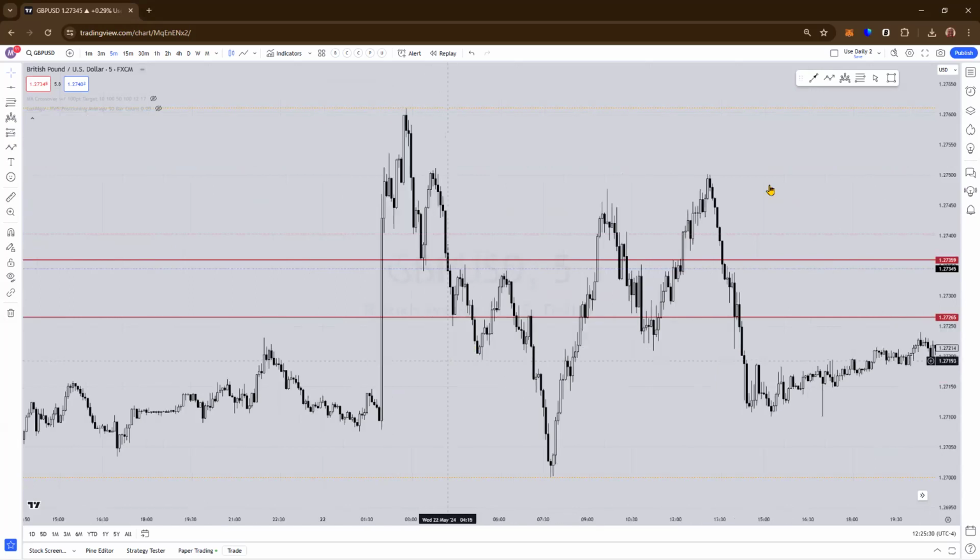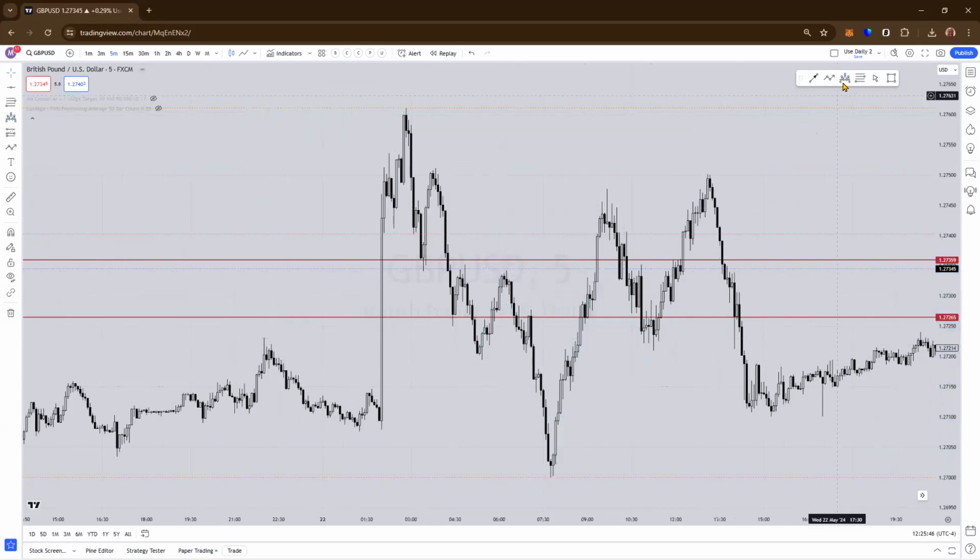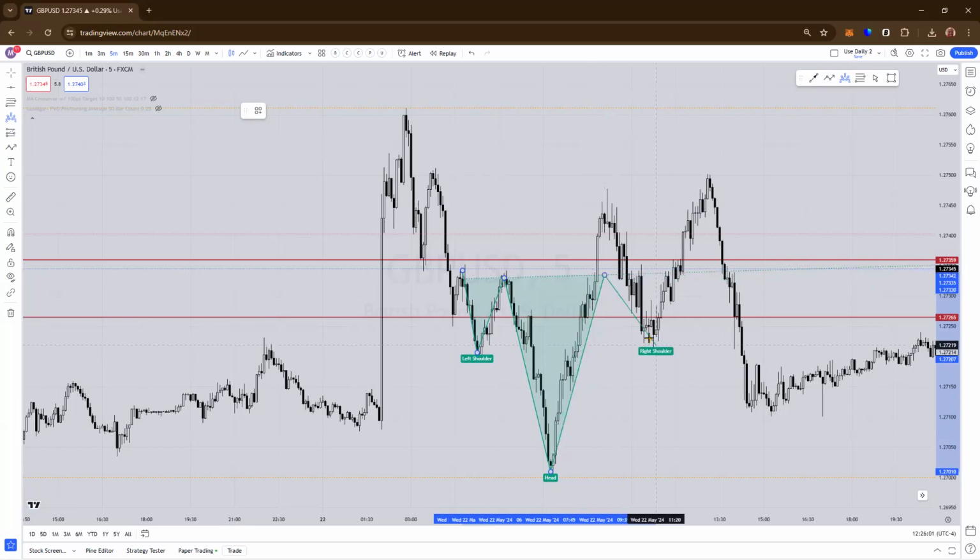Okay. So again, this is an inverted head and shoulders. Redraw that. Okay, this is an inverted head and shoulders.